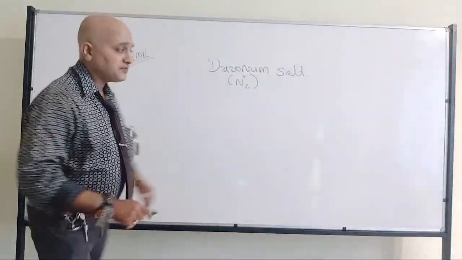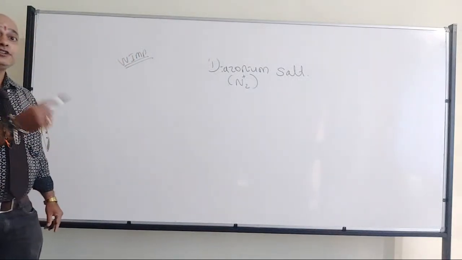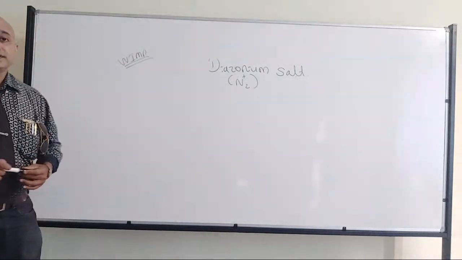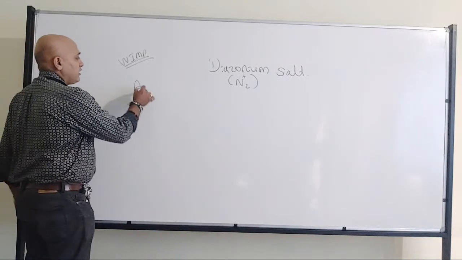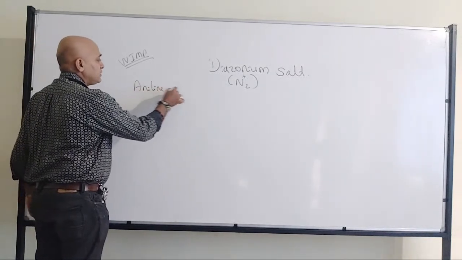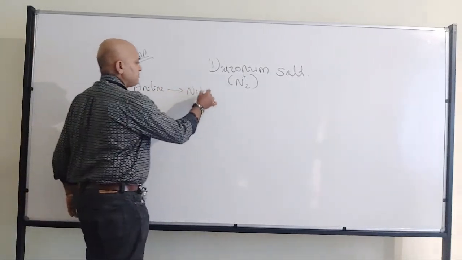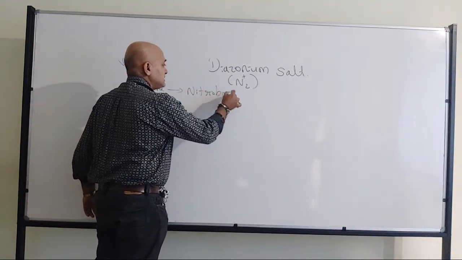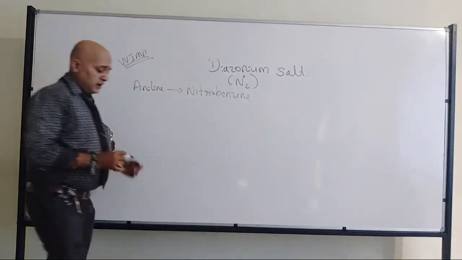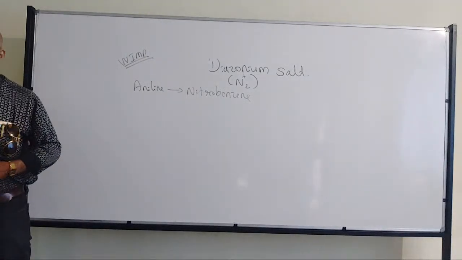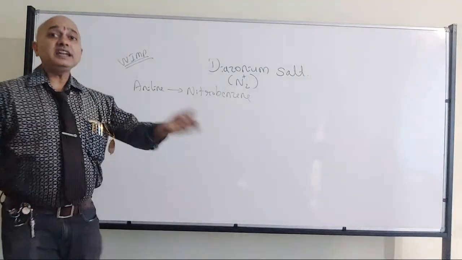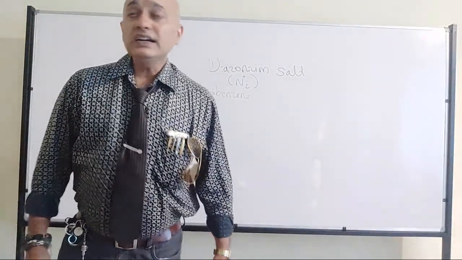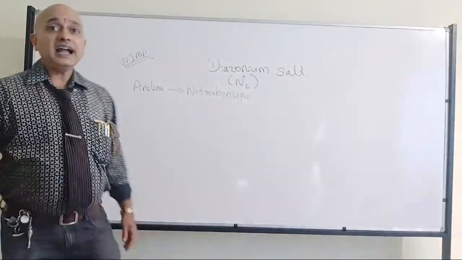Same way, the next one is conversion of aniline to nitrobenzene, because from nitrobenzene to aniline we know. How are we going to do that, nitrobenzene to aniline? By the reduction, by using iron and HCl.